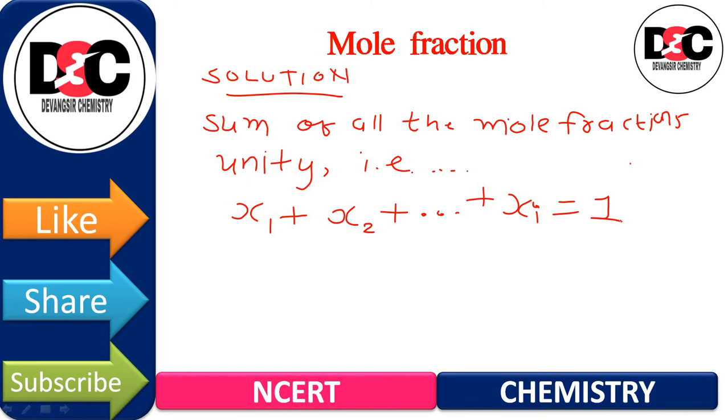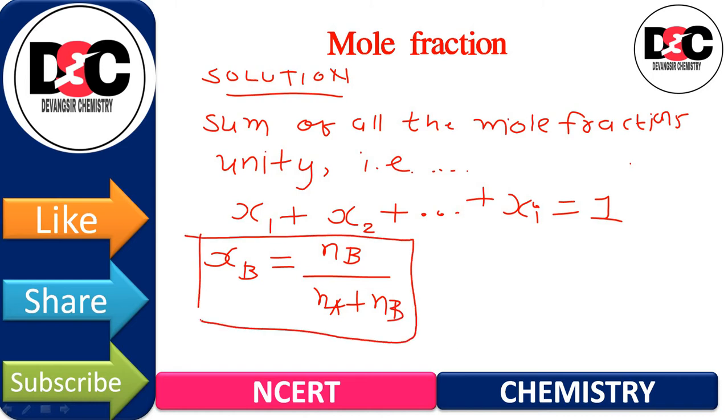Suppose somebody says, for component B find the mole fraction of it, so xb is equal to nb upon Na plus Nb. This is the mole fraction for component B.